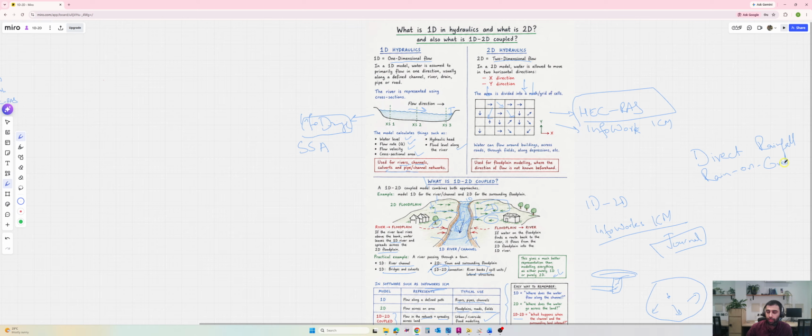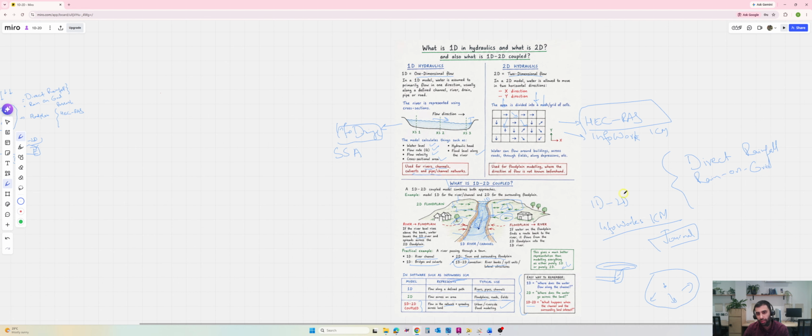I will show you how we can do the 2D modeling and the direct rainfall model in InfoWorks ICM. But these are basically the basic terminologies. Maybe you have heard them a lot of times, came across them a lot of times, but didn't know what these are, or how they are useful in day-to-day life.